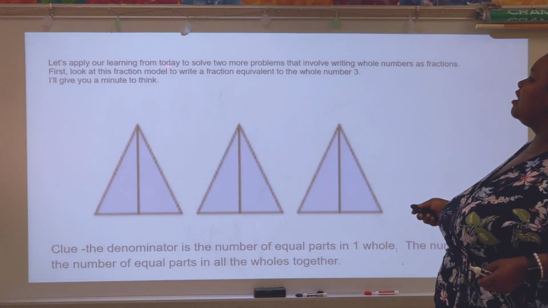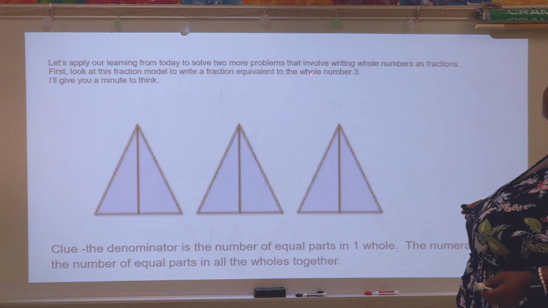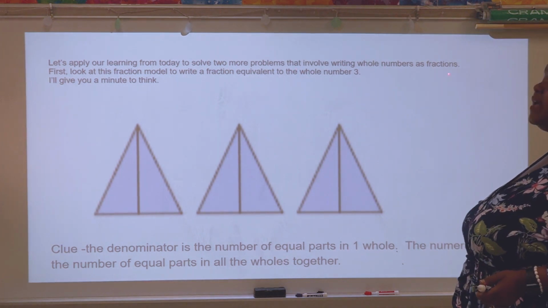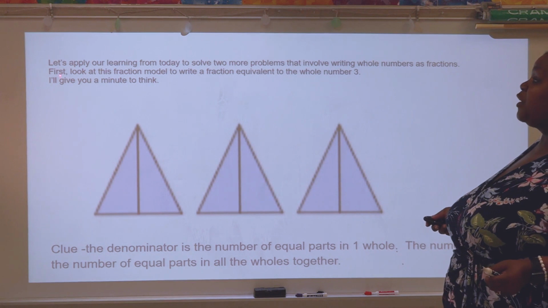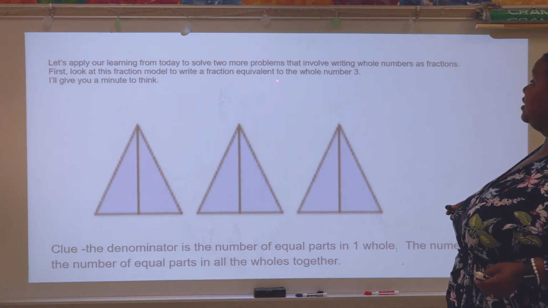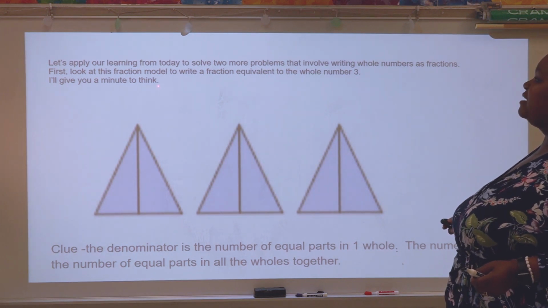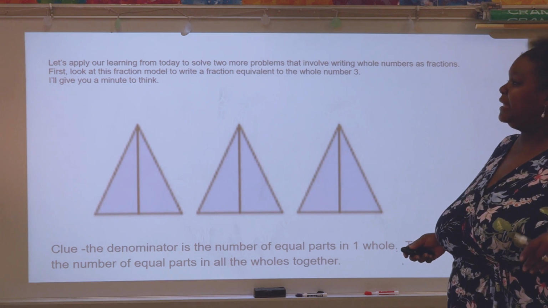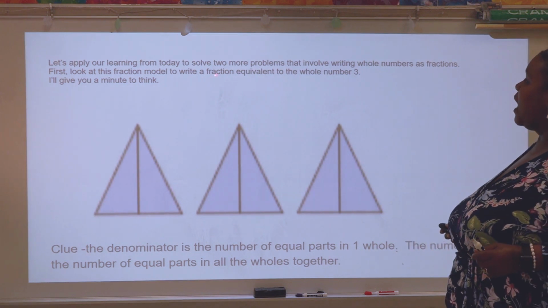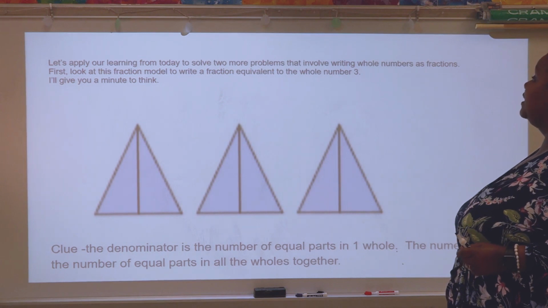Let's apply our learning from today to solve 2 more problems that involve writing whole numbers as fractions. First, look at this fraction model to write a fraction equivalent to the whole number 3. I'll give you a minute to think. So again, I'm wanting you to write a fraction equivalent to the whole number 3.